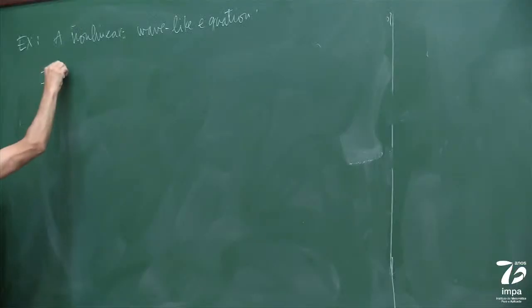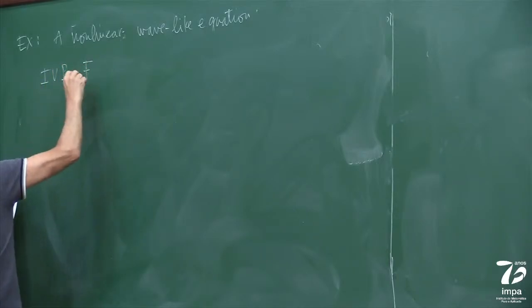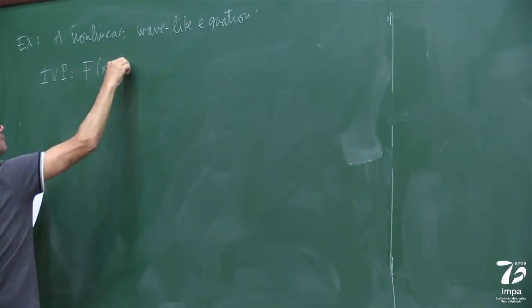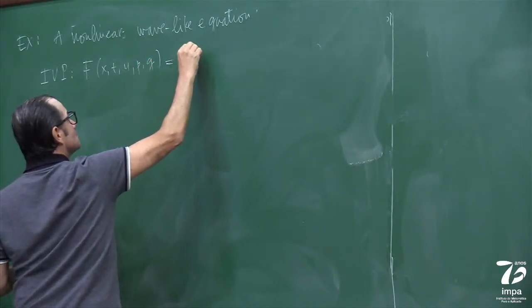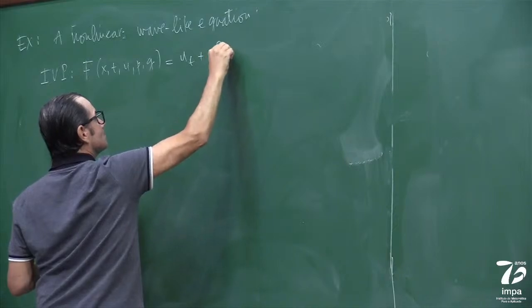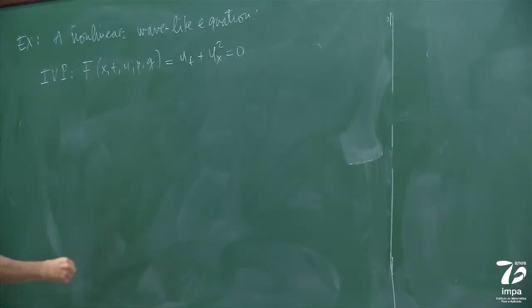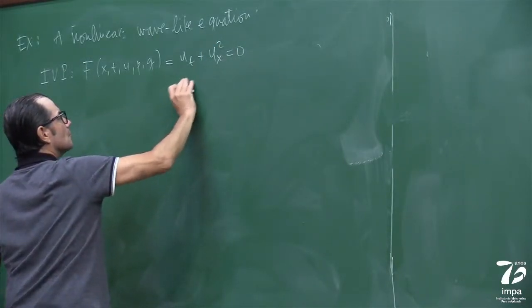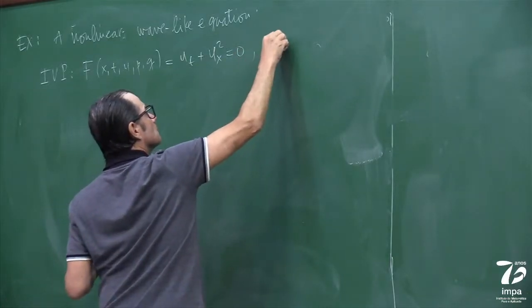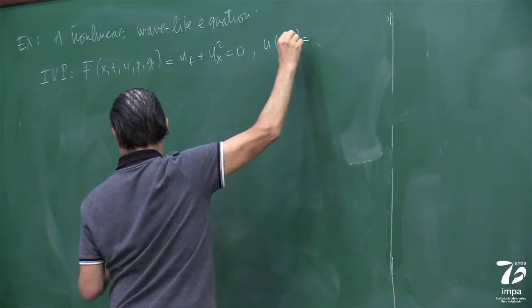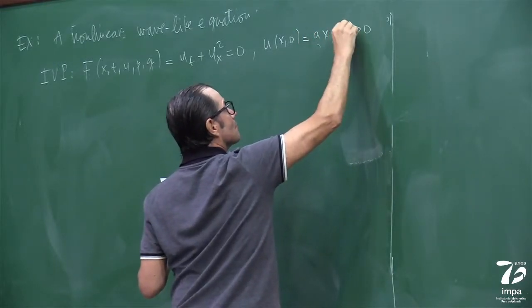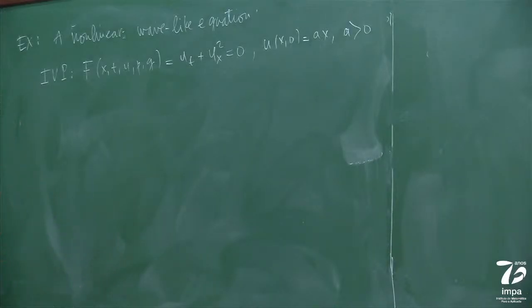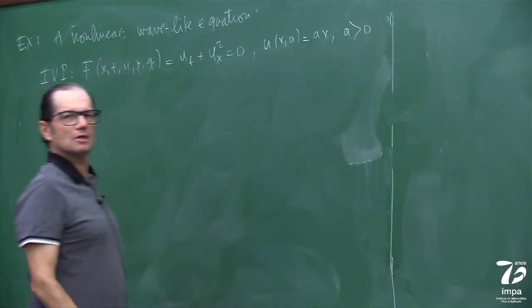It's an initial value problem, f(x, t, u, p, q) equals zero. Let me put this here. A greater than 0. So, written like this on purpose.